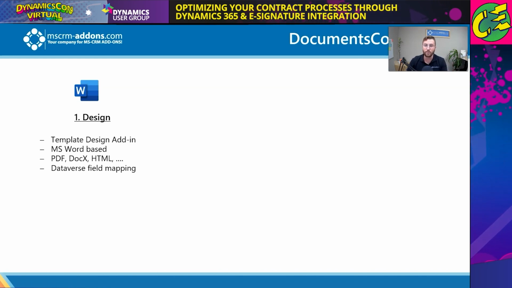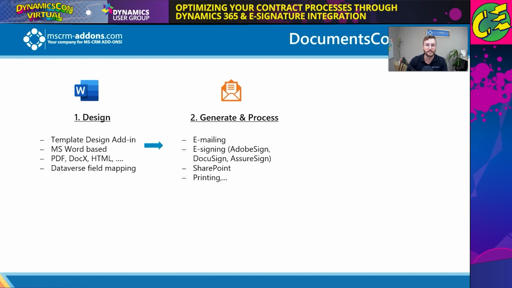So we offer a Word-based template designer add-in that allows you to easily insert fields, relationships, add filtering. Beyond that, you can add charts, dynamic tables, you can add conditional logic, dynamic images, and much, much more. I could really speak all day of what you can bring into a template beyond just data from your Dynamics or Dataverse instance. Next is what are you doing with that template once you've created it?